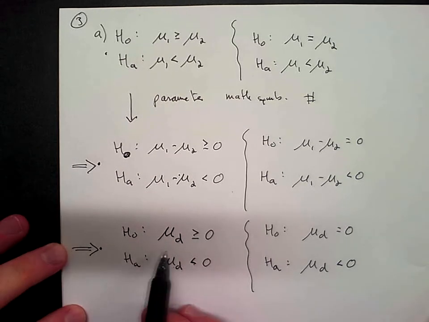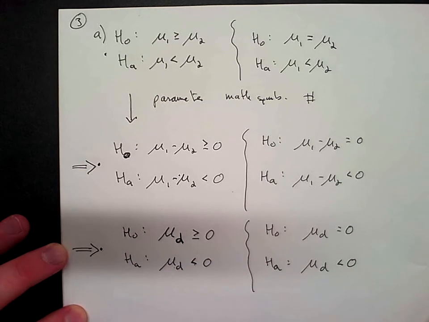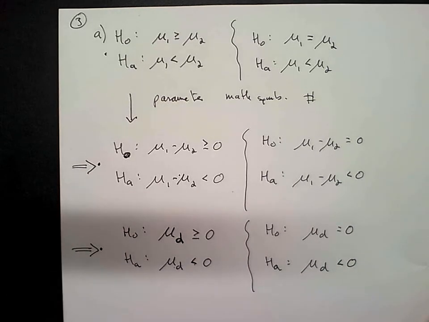Again, if we have paired samples, that's when we can rewrite it as mu sub D. If we have independent samples, you cannot rewrite it as mu sub D. If you say, hey, there's no way I'm going to remember that, here's a good way to remember it.